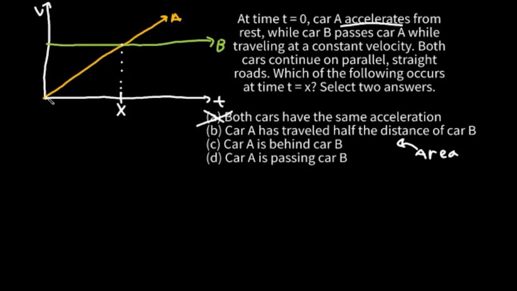It appears that car A's triangle is half of car B's square, so I would say that, yeah, it's fair to say car A has traveled half the distance of car B. And if it's only traveled half the distance, that means car A is behind car B and not passing. If car A were passing car B, they would have to have these same areas under the graph, and car A would still have to be accelerating. So in this question, B and C are the correct answers.